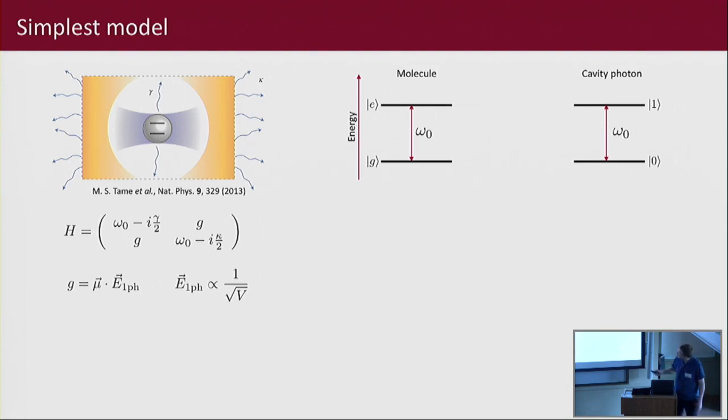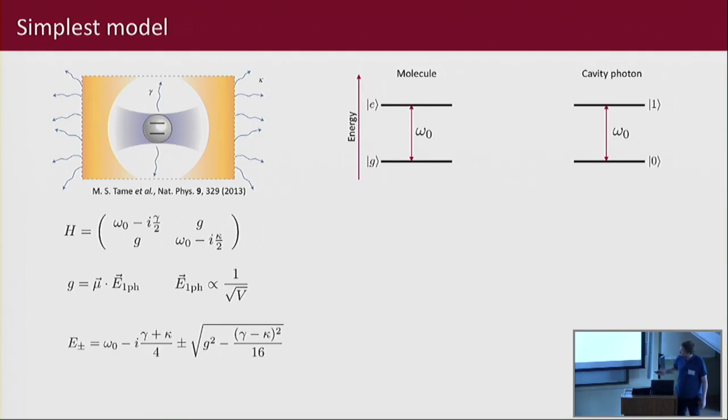So the coupling here, G, is just the dipole moment of the molecule with the field of a single photon in the cavity, and that scales with 1 over the mode volume of the cavity. And then the only other maybe not completely standard thing is that for this simple model, I'm going to include losses both of the molecule itself, which can be dephasing, and also radiative decay and non-radiative decay, etc. And for the cavity, which leaks out through the mirrors. So if it's a metal mirror, it also has losses inside the mirrors.